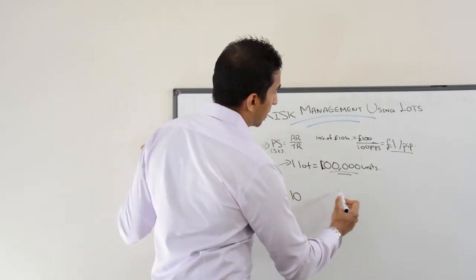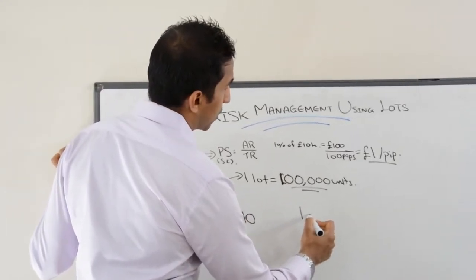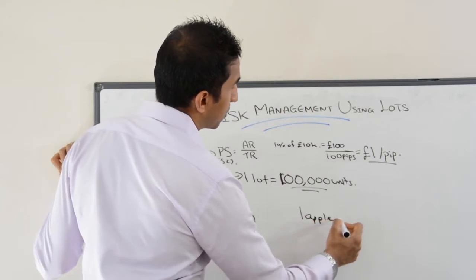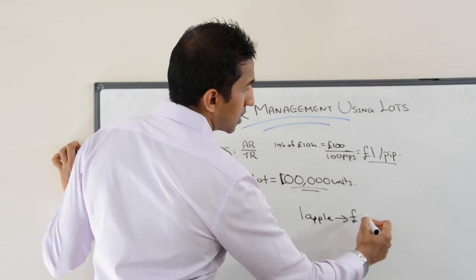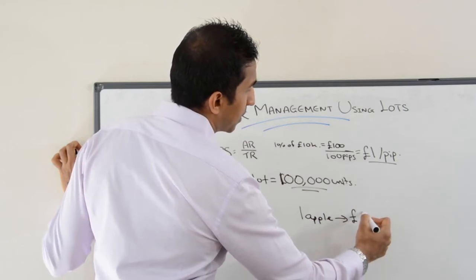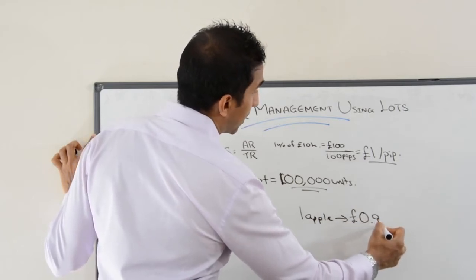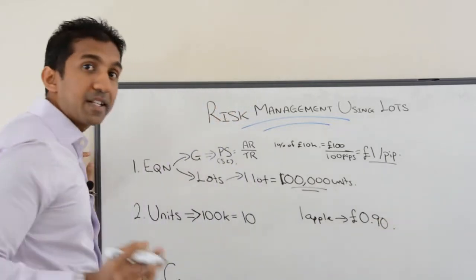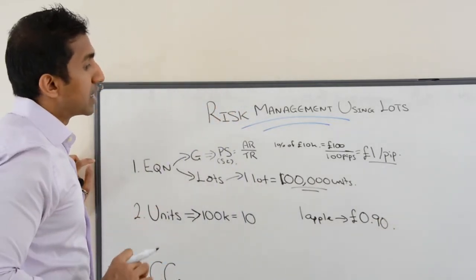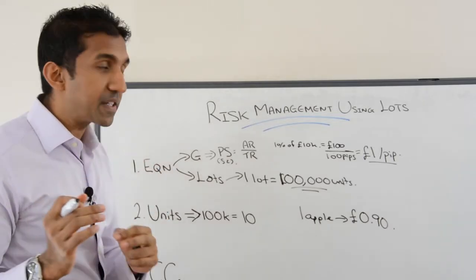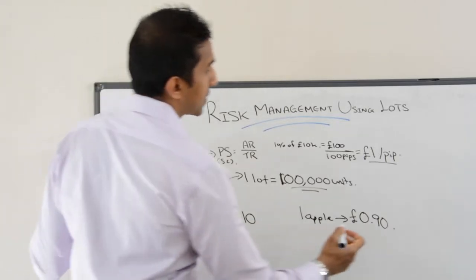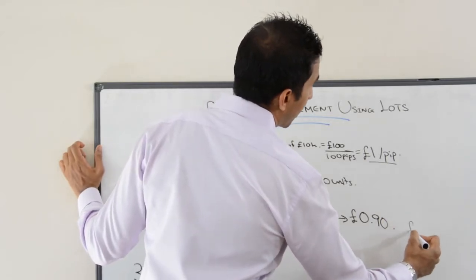Let's say you bought one apple for maybe 90 pence. Then you held on to it, and let's say the price of the apple fluctuates and then rises up to £1.20.